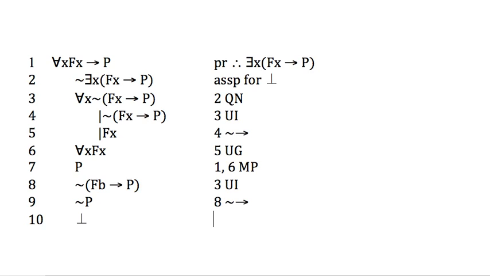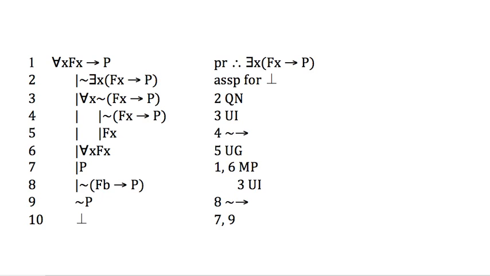Seven and 9 contradict. So we've completed the indirect proof that we began on line 2. Now, that means on line 11 we can write what we originally set out to prove.